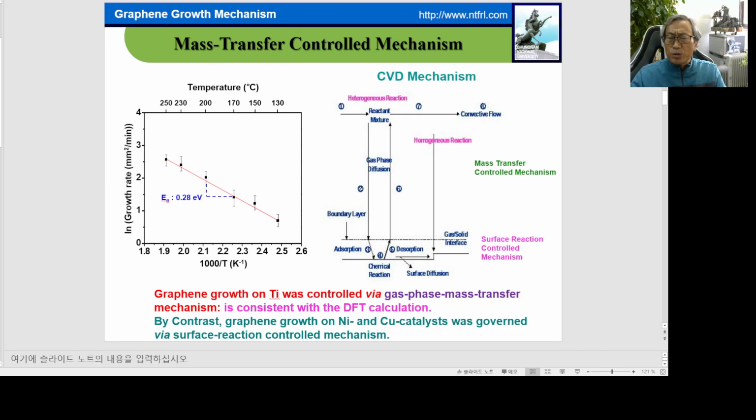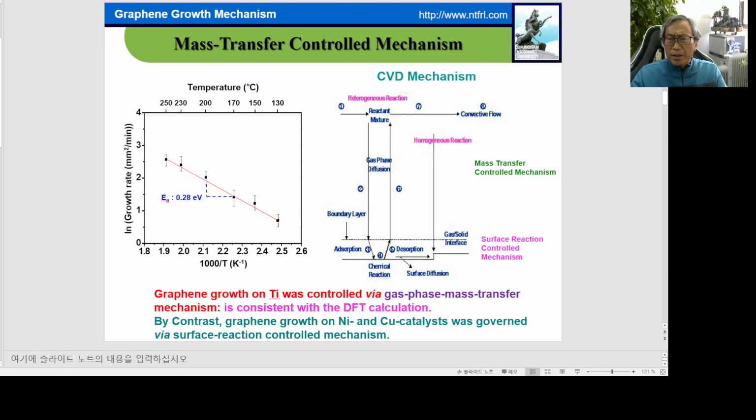First of all, we want to discuss the CVD mechanism of two different types. This one is a mass transfer controlled mechanism. Second is a surface reaction controlled mechanism. This part shows a very low activation energy, and the surface reaction control mechanism has a high activation energy.